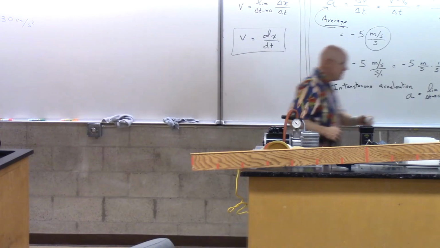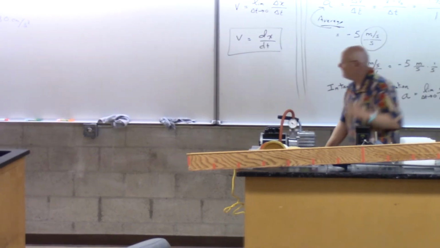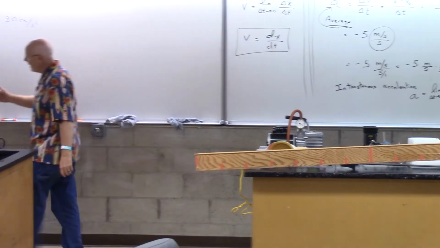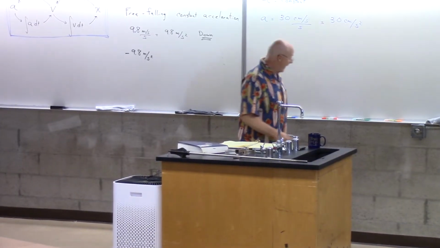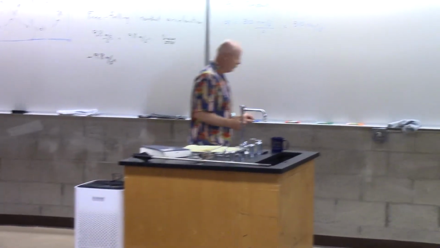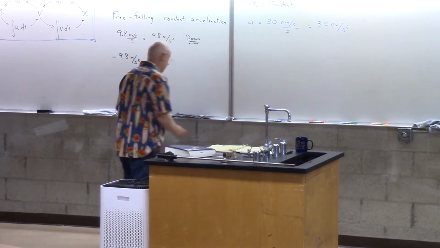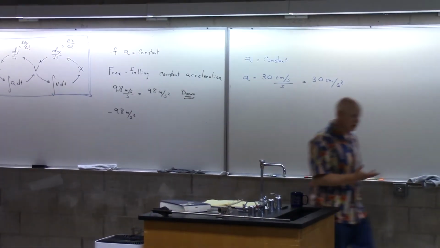Good. I'm glad you guys are seeing this, because, as I said, we should probably work out some equations. And what I'm going to do for this first and easiest case is constant acceleration.